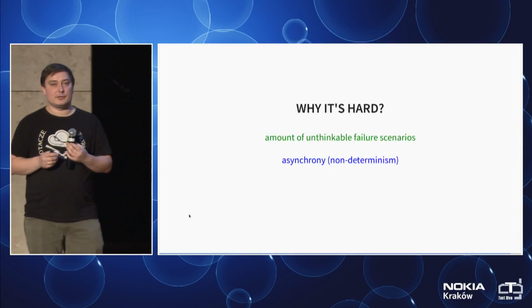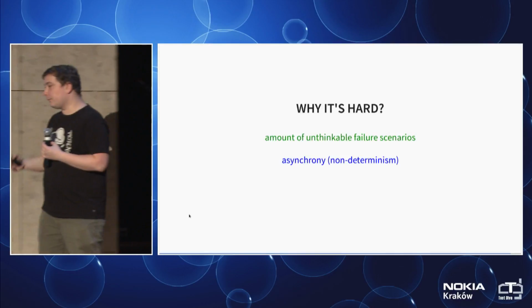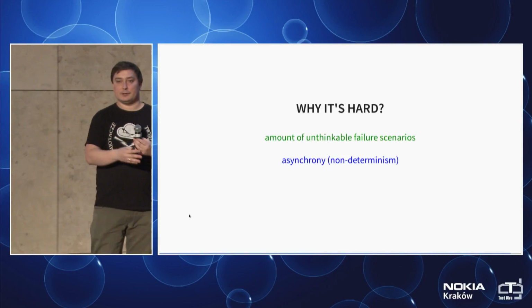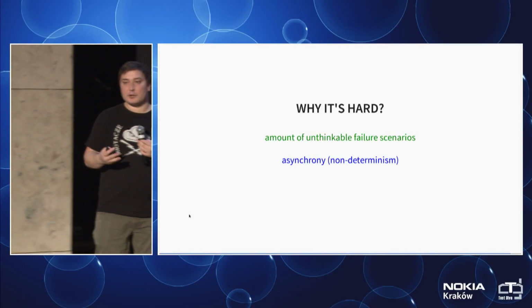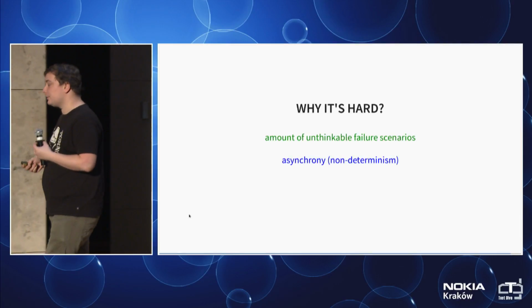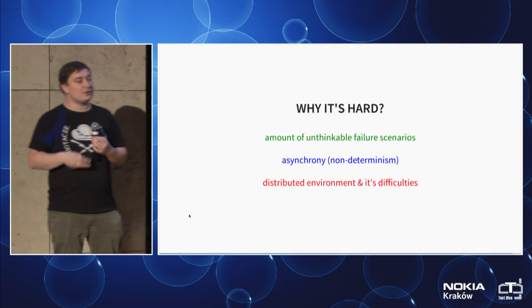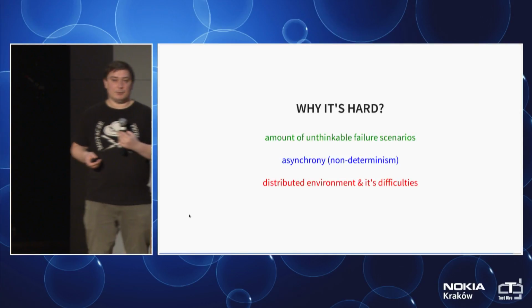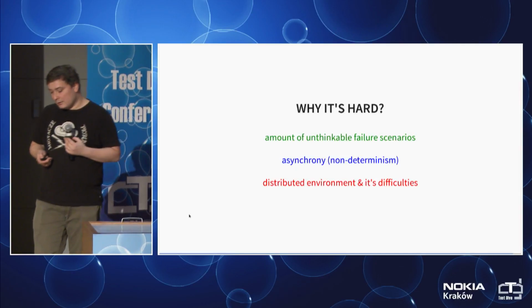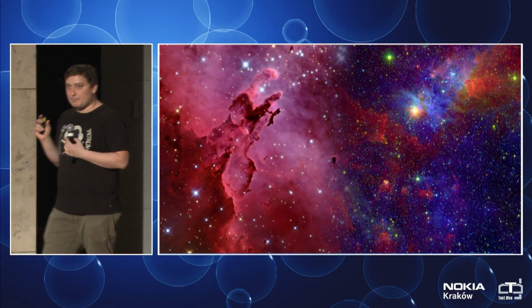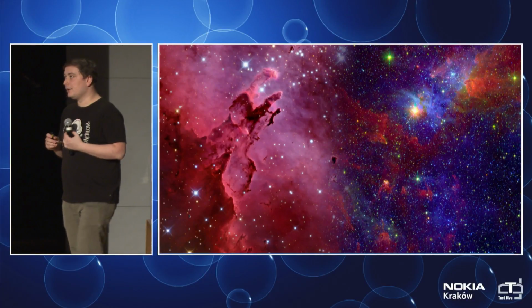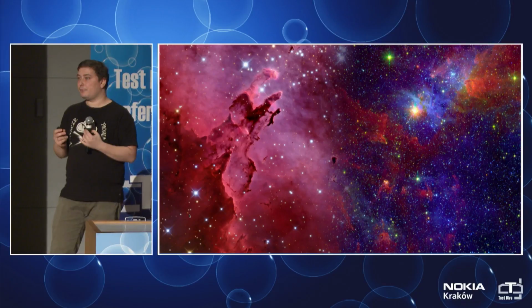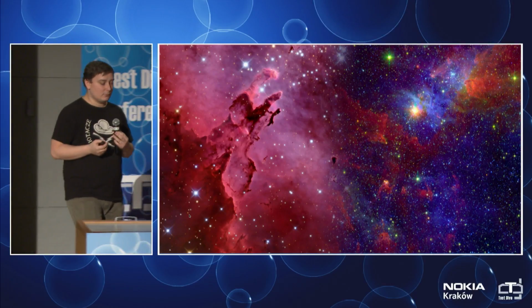Also, asynchrony is not helping, because if the outcome can depend on the order of events, then it's tricky. And also, when we are fighting in a distributed environment, then basically we need to solve other problems as well. So once again, the number of edge cases and failure scenarios is so big that it's very hard to test everything, but still we want to have as broad coverage as possible.